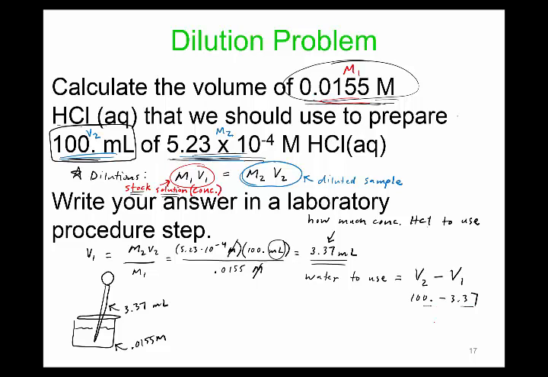Our answer should be 0 decimal points, so 97 ml water. Okay, so you take this and I suppose a flask would work. So you can use a flask. Okay, and then you add the 97 milliliters of water.